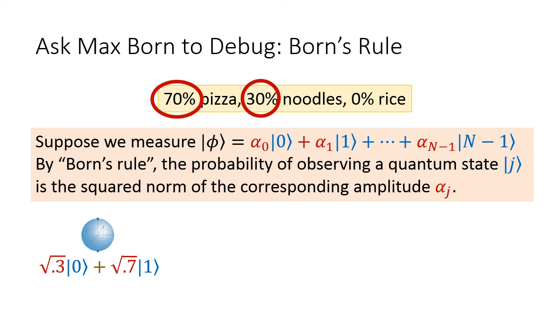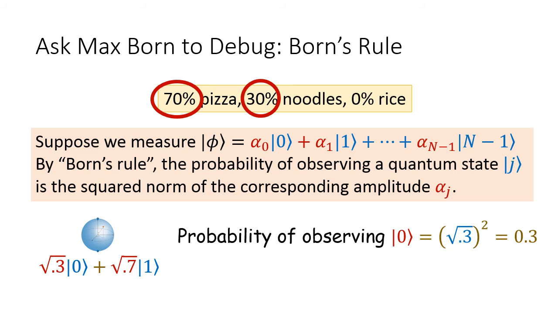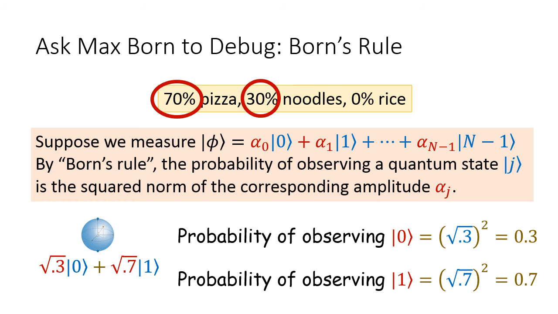So as Bob set up the quantum state of rice, the probability of observing 0, that means the noodle state, is the square of the square root of 0.3, which is 0.3. And similarly, to calculate the probability of observing the pizza state, we calculate it as the square of the square root of 0.7, which means it is equal to 0.7.